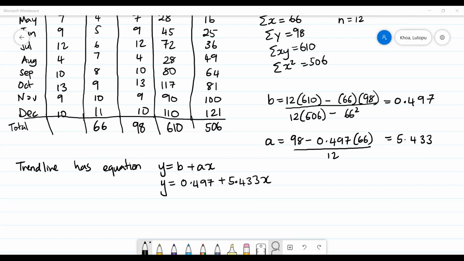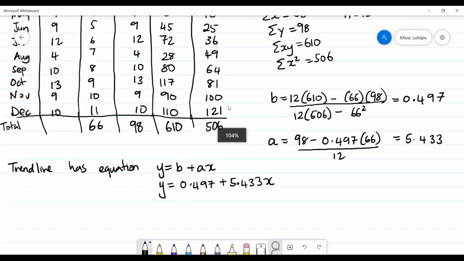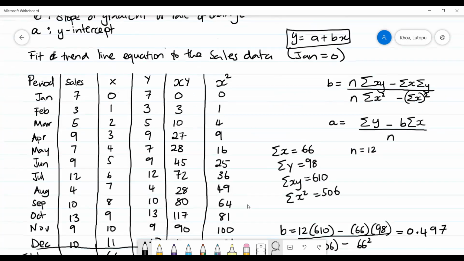Okay, and from this, a follow-up question would be to find the number of sales in January of 2015, or predict what you think the sales of January 2015 will be. So these were the sales of 2014, January up until December. And now we want to forecast what the sales for January 2015 will be.